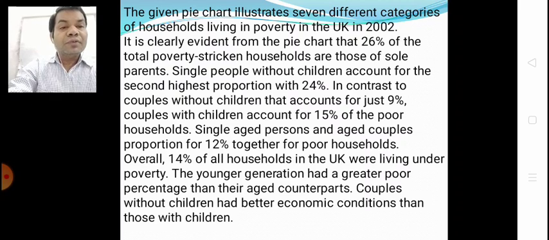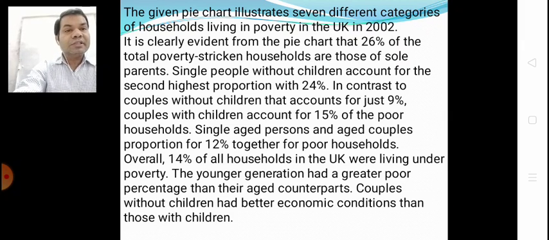Overall, 14% of all households in the UK were living under poverty. The younger generation had a greater poor percentage than their aged counterparts. Couples without children had better economic conditions than those with children.